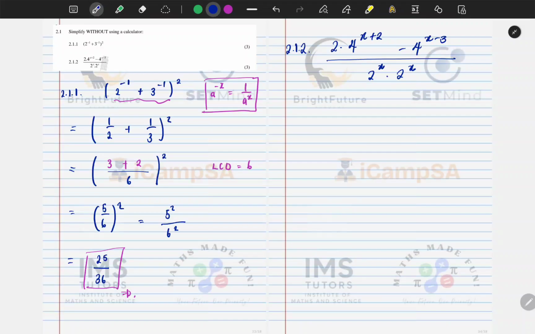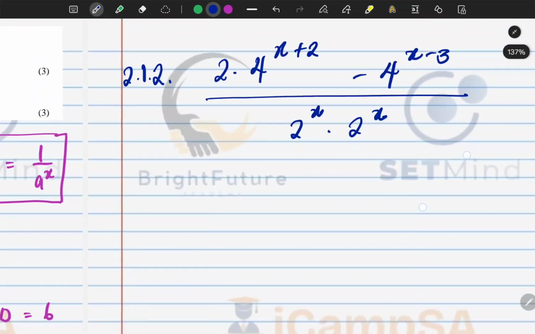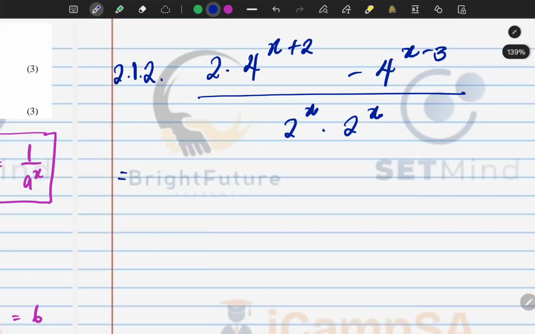When I see this question, the first thing that comes to my mind is that I have 4 and I also have 2. So what I'm trying to get to is a point where I will have the same bases, a base raised to the power of x.